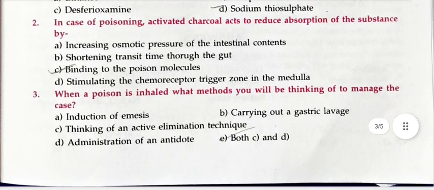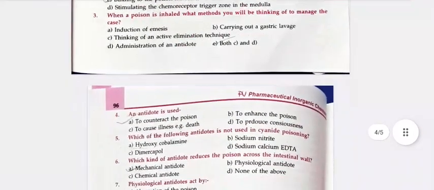Okay. Next, when a poison is inhaled, what method would you think of to manage the case? We can treat them in two ways: active elimination, that means we have to eliminate the poison, and administration of an antidote.